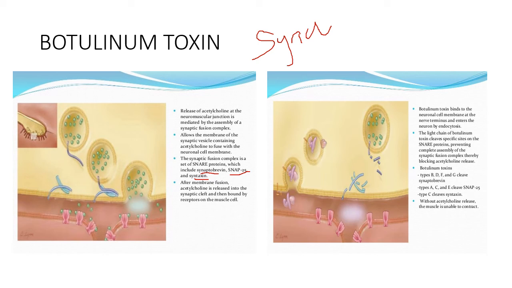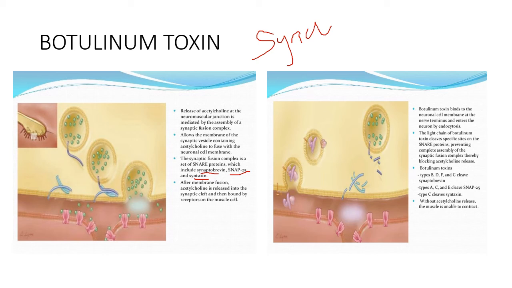So what happens when you have the botulinum toxin there? There are types of toxins: A, B, C, D, E, F and G. Each toxin has its own affinity towards this synaptic complex. Types B, D, F and G will cleave synaptobrevin, whereas A, C and E will cleave SNAP25.